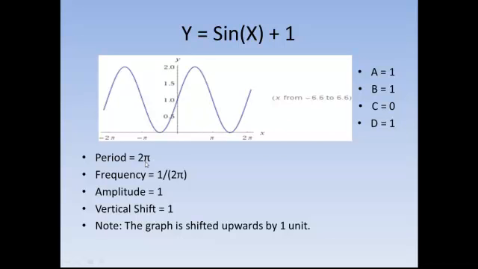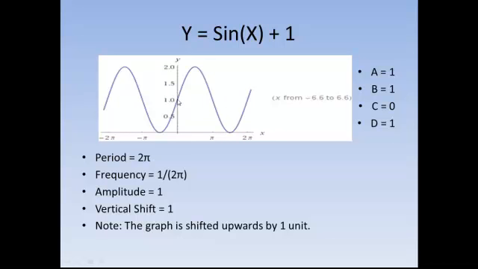So the period of the curve is unchanged, it's 2 pi. The frequency is 1 by 2 pi. The amplitude here is 1. Even though the curve is shifting upwards and the peak is at 2, remember the amplitude is the distance of the peak or the trough from the mean position of the curve, and the mean position of the curve is at 1 right now because the curve has shifted upwards by 1.